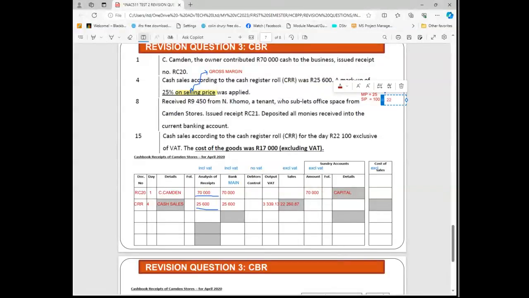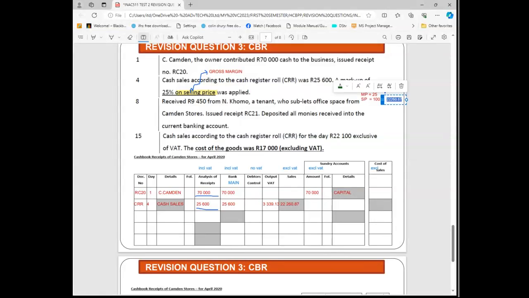Which is 260.87, multiplied by 75. No, wait. Multiplied by 25? Which amount? Okay, you're talking about the amount here. Yes.